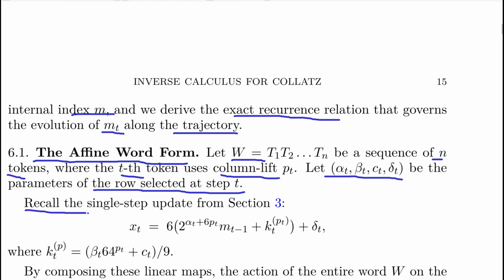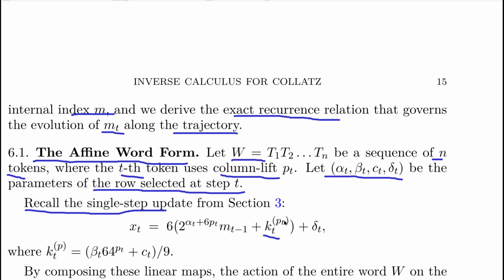So we'll recall the single step update from above, where xt is equal to 6 times 2 raised to alpha t plus 6 pt times m t minus 1, so it's always the previous t, and xt is the output here, plus kt, which is the constant part.